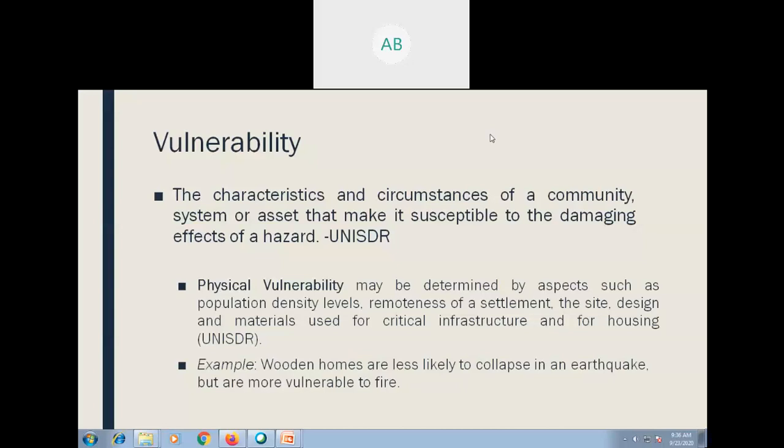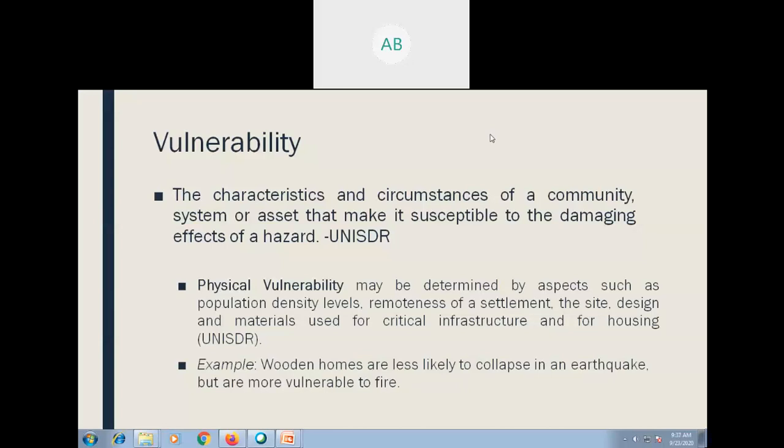Also, we saw that if the level of exposure is different, then the level of vulnerability is different. The flood affected two houses with the same construction material, but one house is more exposed or more inundated, so that house may experience a greater vulnerability compared to the one which is less exposed or under less inundation.